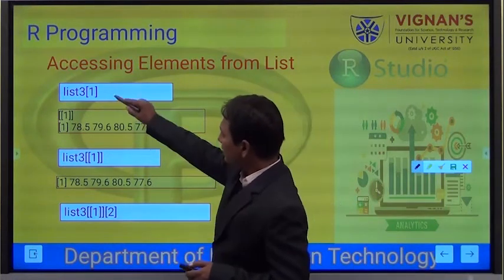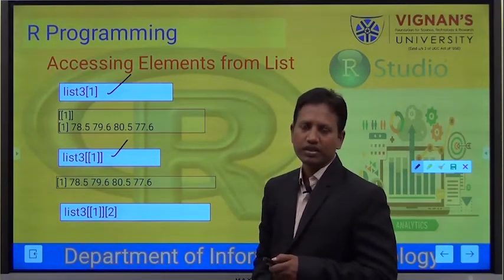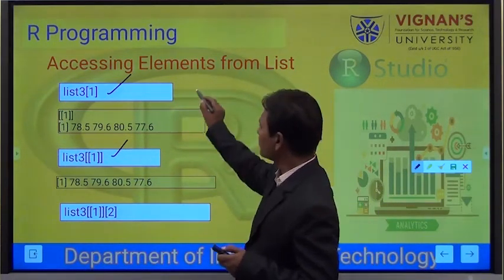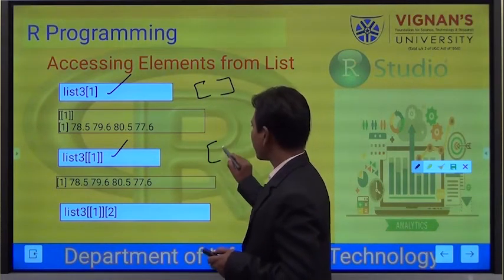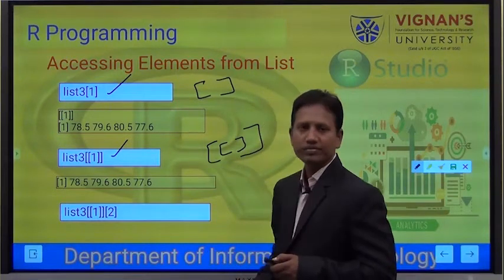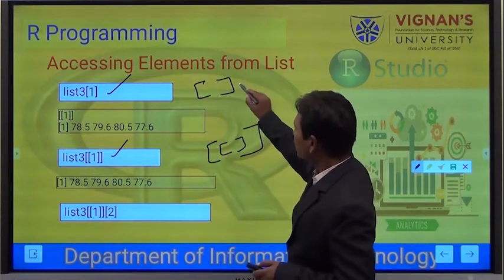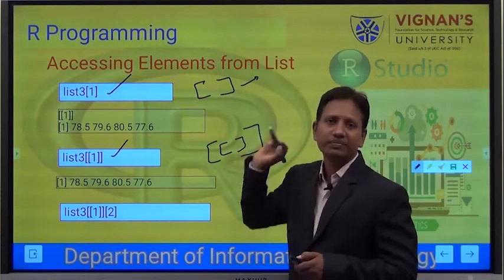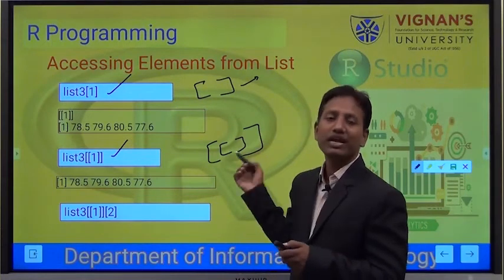The difference between this command and this command, you have to observe. The difference is here I have used only single brackets and here I have used double brackets. Here I am accessing the list item, and here we are accessing that list item independently.